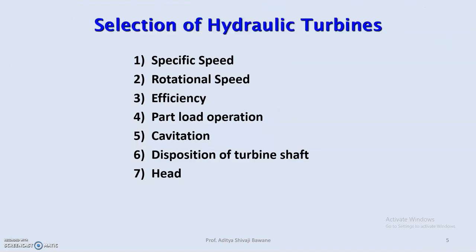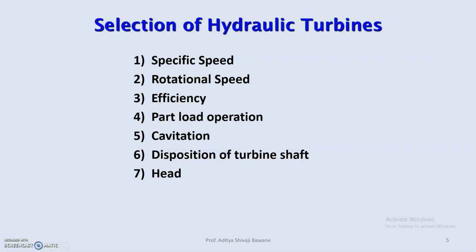Next is selection of hydraulic turbines. There are different parameters on which hydraulic turbines are selected. Let us consider the first one, specific speed. We know if you consider very high specific speed for very high head, it will not be beneficial, and if you consider very low specific speed for medium range, then also it will not be beneficial.